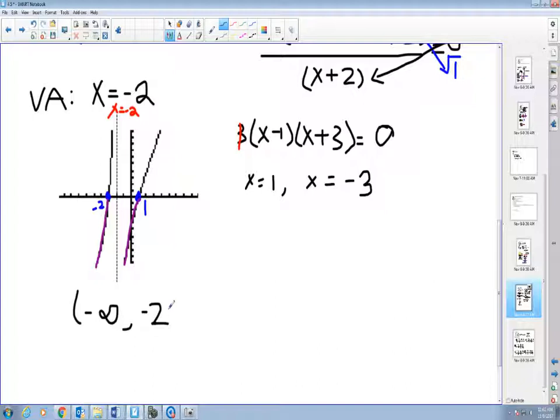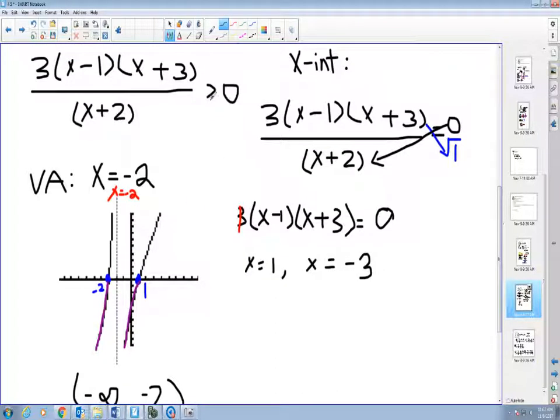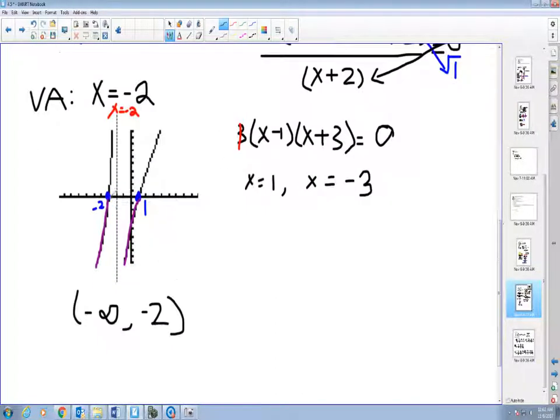Now, why do I use parenthesis for my negative 2? Because there's only greater than, there's no equal to, so my x-intercept is using parenthesis. I also use parenthesis if it's a vertical asymptote. But the other part that's below the x-axis is starting from my vertical asymptote all the way approaching 1.